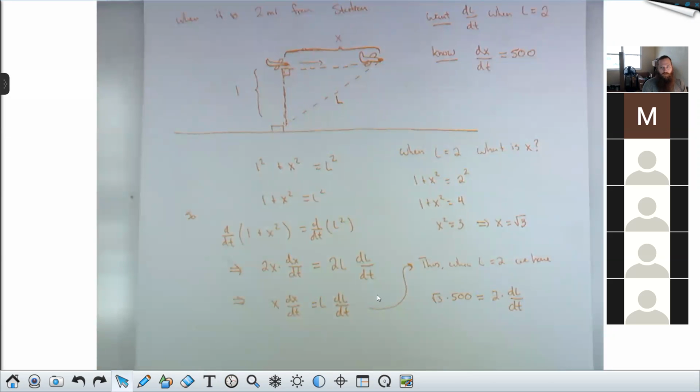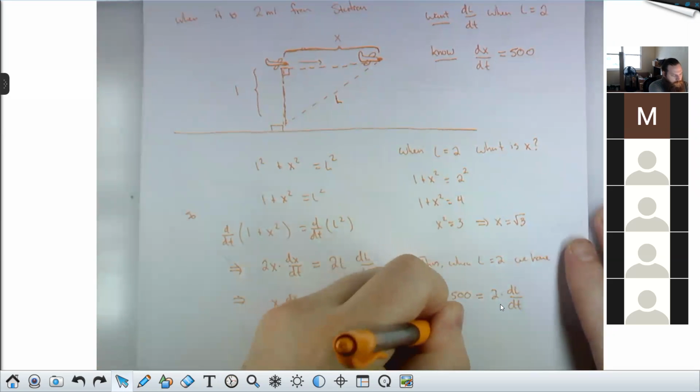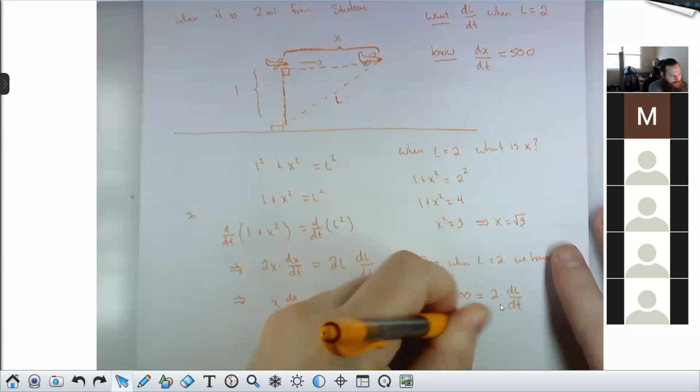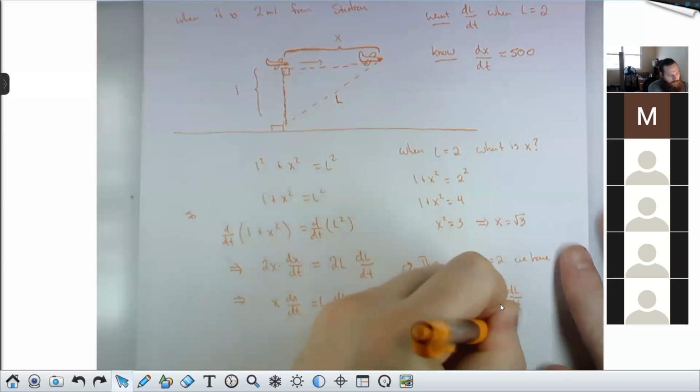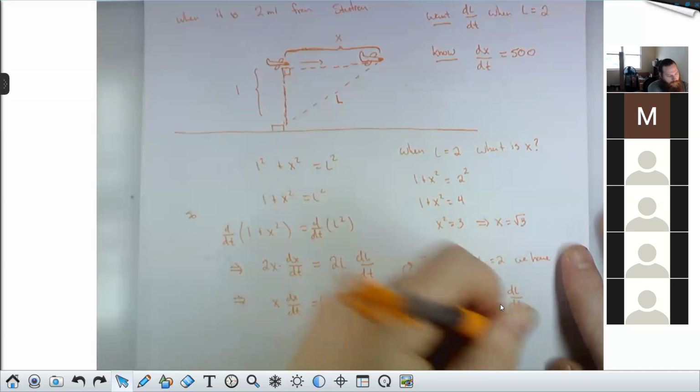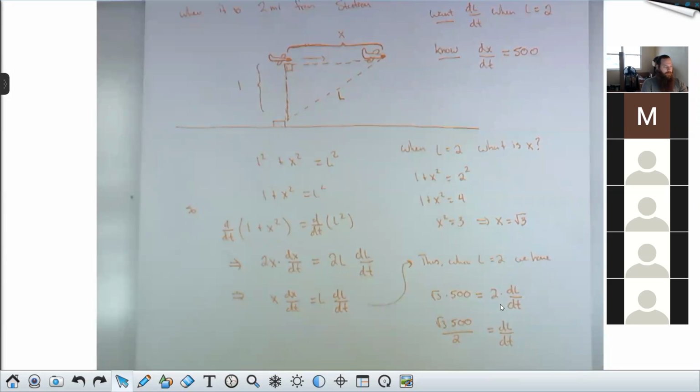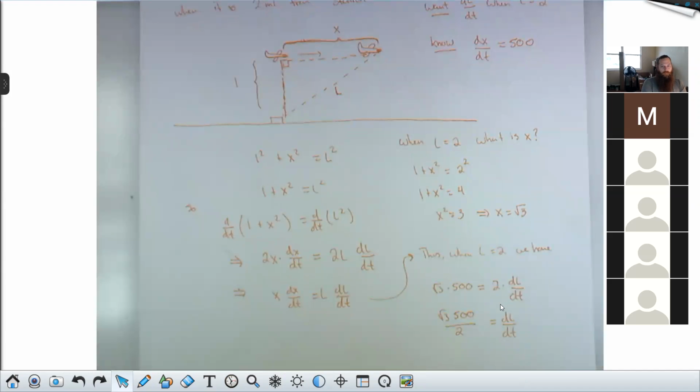And we can solve by dividing over this 2. So we get square root of 3 times 500 over 2 for dL/dt. And that's it. So the distance between the radar station and the plane, is this bigger or smaller than 500? Is this distance increasing faster or slower than the horizontal distance?